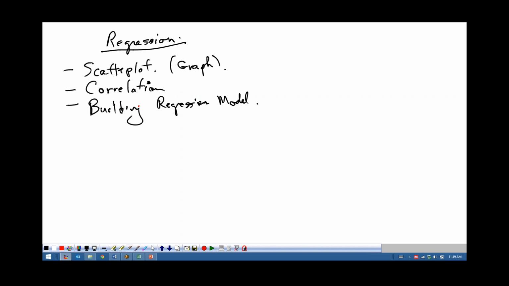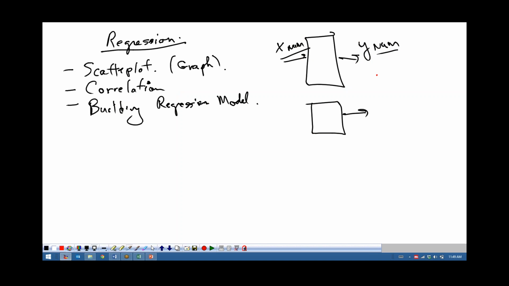Okay, so here's what's coming. We're going to be doing all of this stuff. The setting is I have a y and I have an x, and my y is a num and my x is a num. So my output is a num and my input is a num. Before we get started, you know the drill. I want you to draw the box, and let me give you an example.